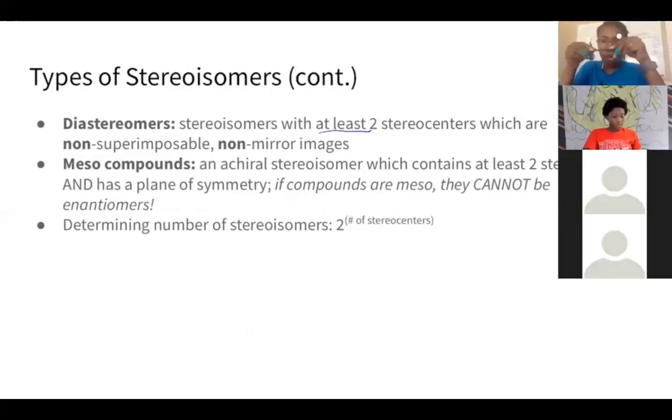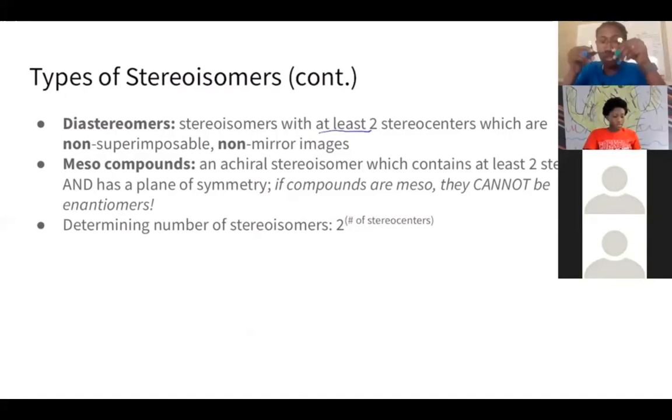We've got our carbons in the center, and if I change the orientation of 2 different atoms on it, so if I put the blue group where the green group was, and the green group where the blue group was in the back, that makes this molecule I'm holding up different from the one I was holding up a second ago.